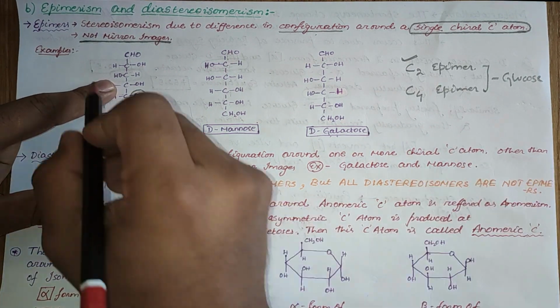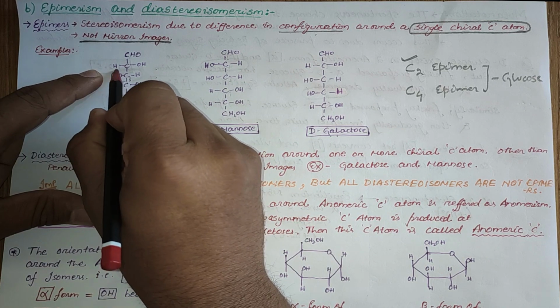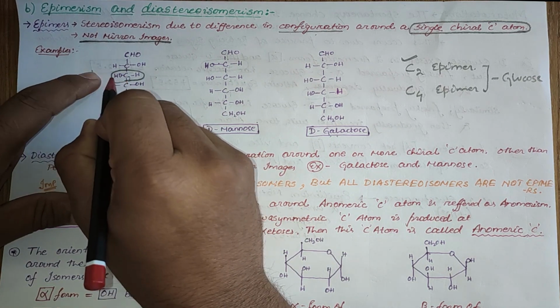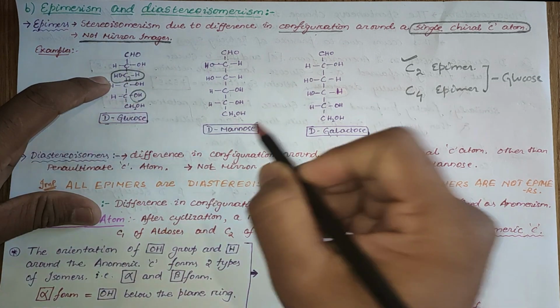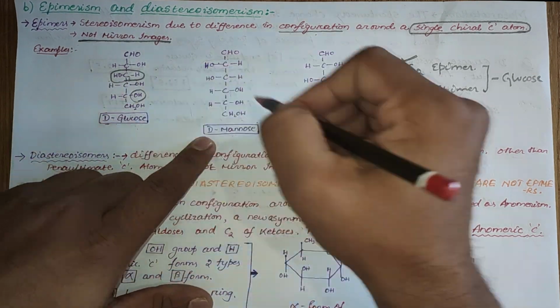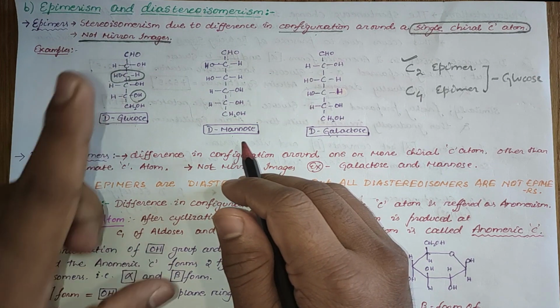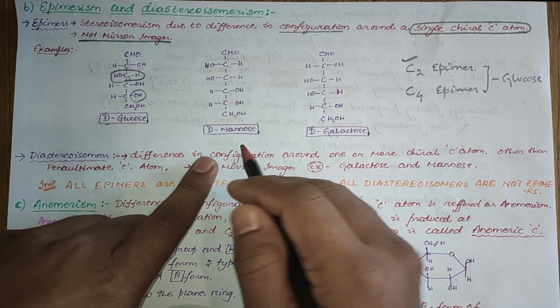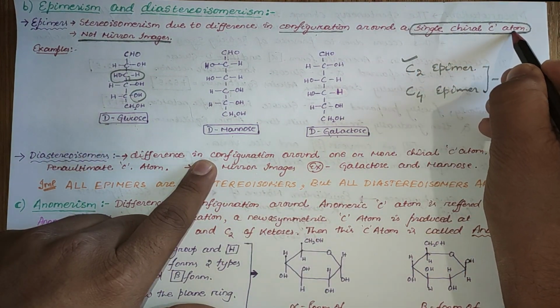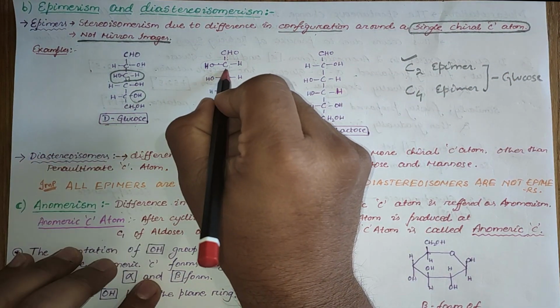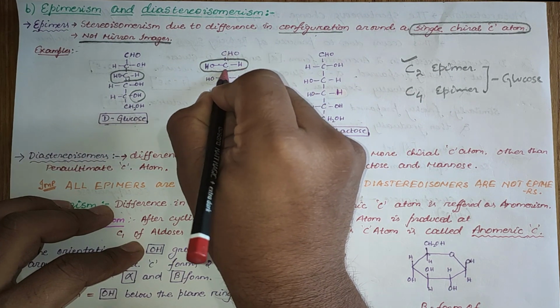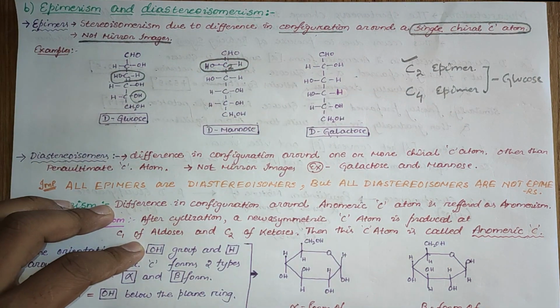I have told you that in C3 you have to remember conventionally that OH is present on the left side and H on the right side. D-mannose has the same structure as D-glucose, but there is only one difference around a single chiral carbon atom, that is C2. Here is the C2 chiral carbon atom.